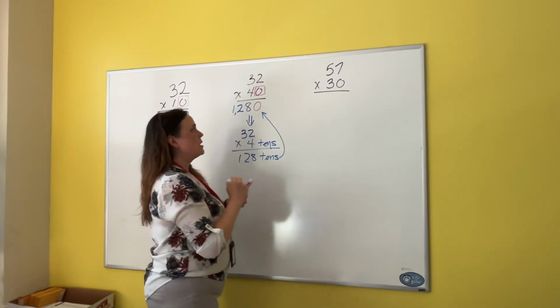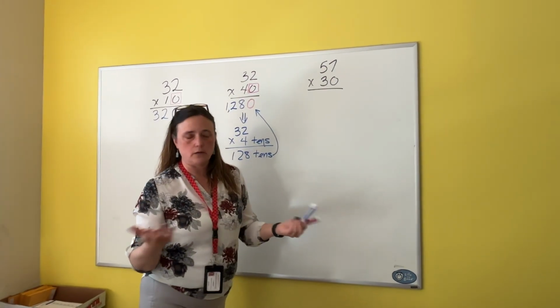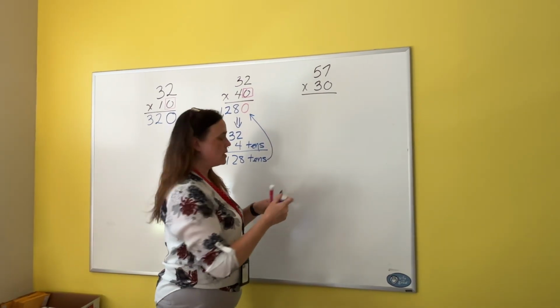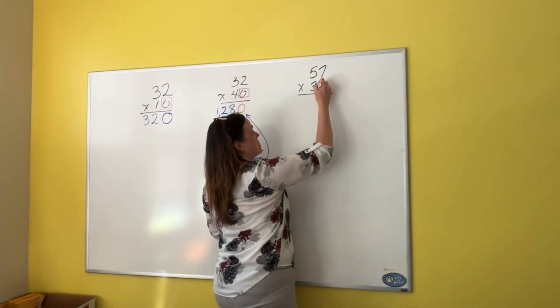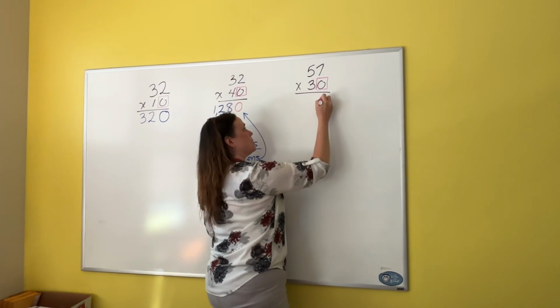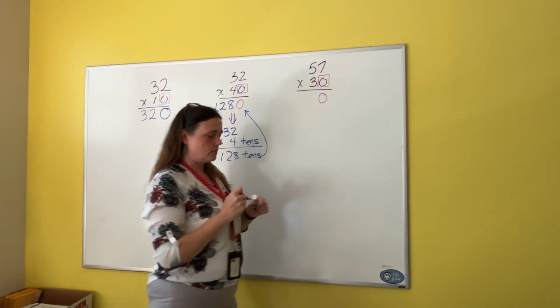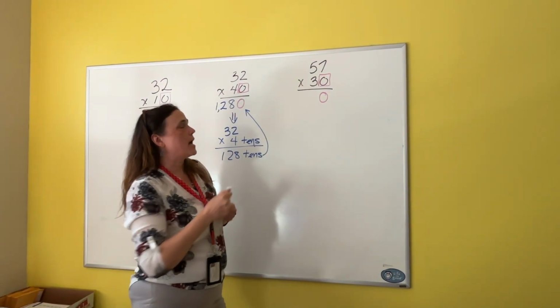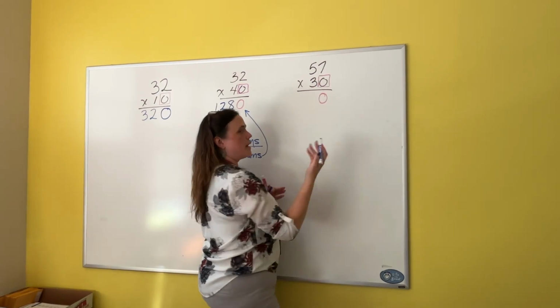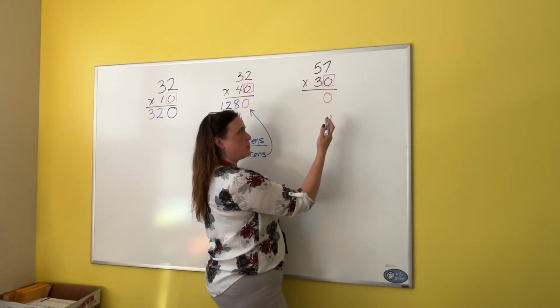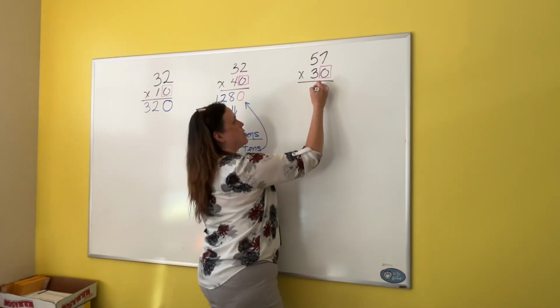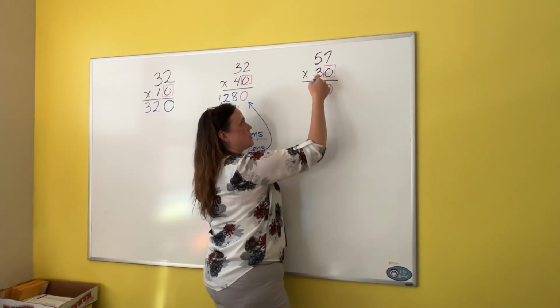So now, how does that work when we're carrying and regrouping, right? So let's look at this. Again, I have that 0. So I know whatever I'm doing is in my tens, right? Great. So now I've got 3 times 7. Well, wait a minute, that's 21. I can't just write 21 down, but I know that I have 1 in the tens, because 3 is in the tens.